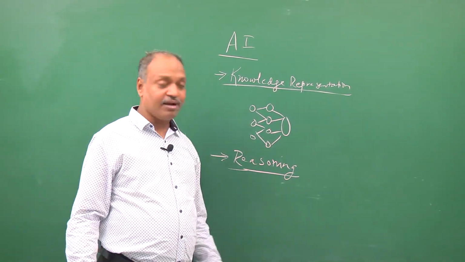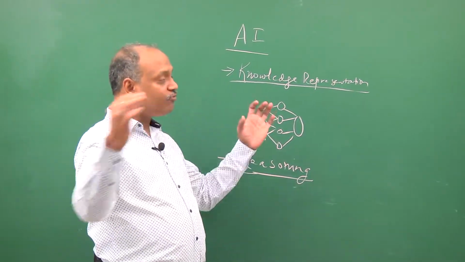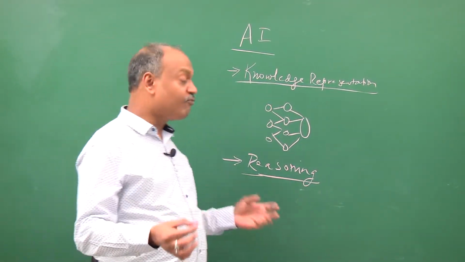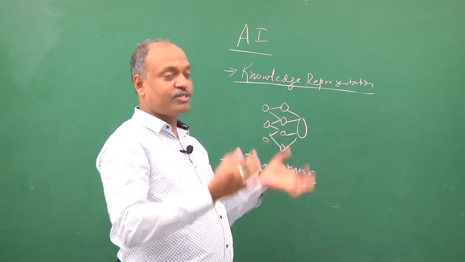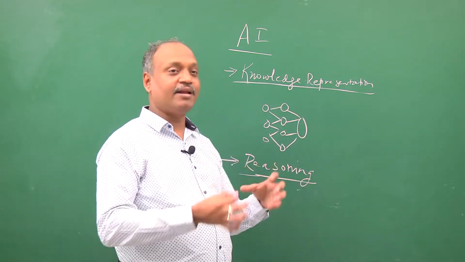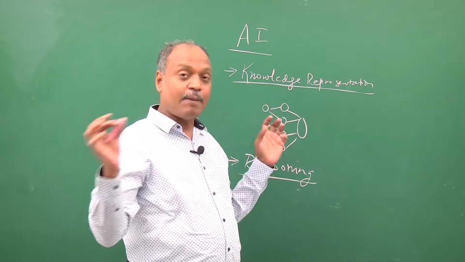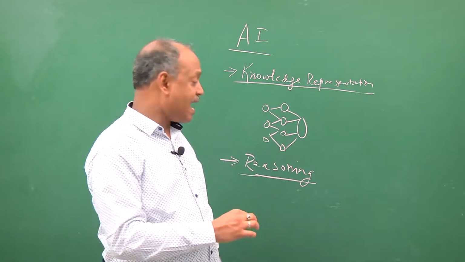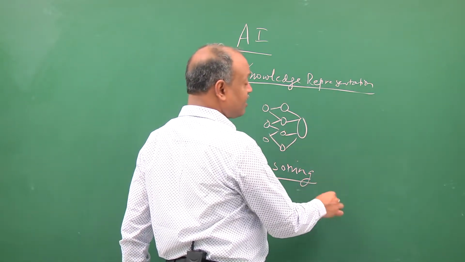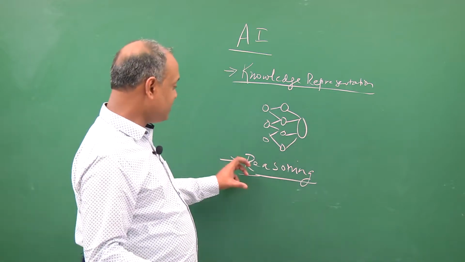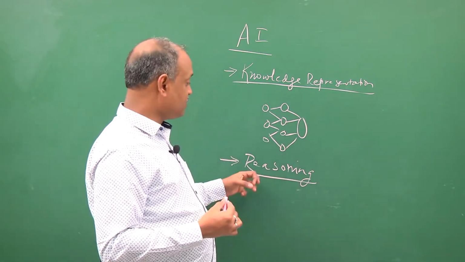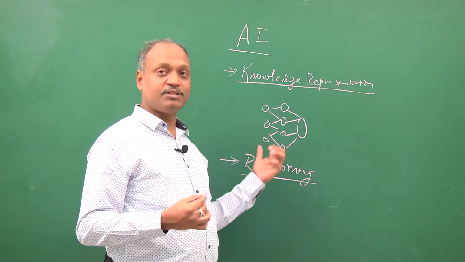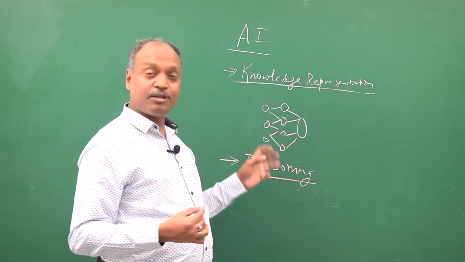This can happen either when you have a lot of raw data and try to infer some generic rules or patterns, or when you have some universal laws and you expect that to be applied in a specific scenario, then you apply that rule in that context to get a new form of knowledge. So reasoning is another facet of human intelligence, where you try to create new knowledge from existing knowledge. You may be using any of the knowledge representations.